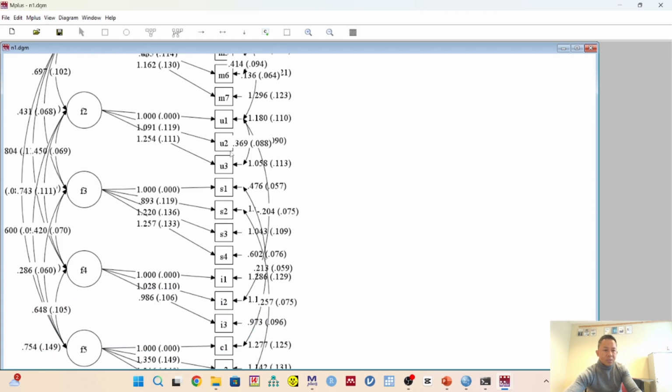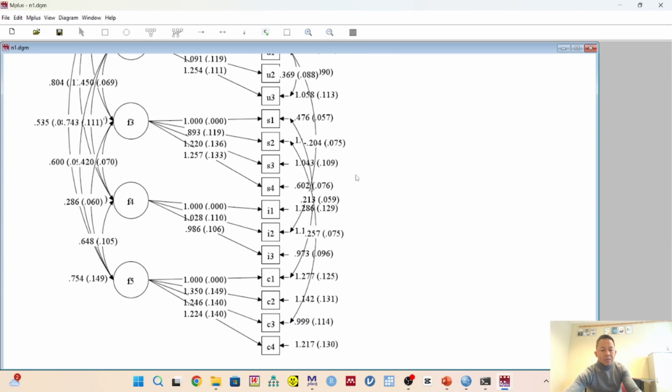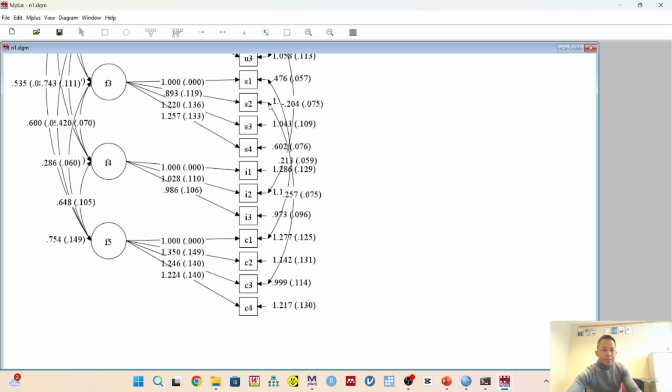For example, U1 and U3, I correlated. It's okay, this error is within the same pattern. But different pattern correlations are not theoretically correct. Theory says, for example, S1 to S4 are the same pattern. We can correlate within the same pattern, but different pattern error covariances we should not do.